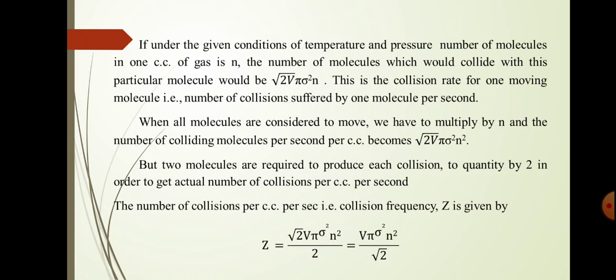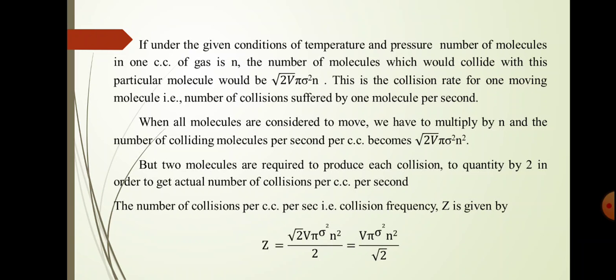When all molecules are considered to move, we have to multiply by n, and the number of colliding molecules per second per cc becomes root 2 v pi sigma square n square. But two molecules are required to produce each collision, so we divide the quantity by 2 in order to get the actual number of collisions per cc per second.